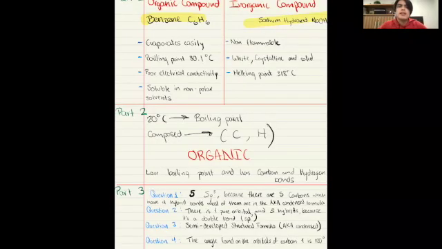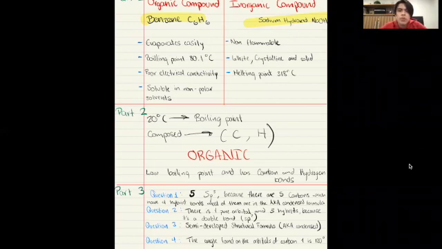Well, in the second part, you needed to decide if the substance was an organic compound or an inorganic compound. It was very easy to recognize. The first thing I did was to check if the substance had carbon and hydrogen, or C and H. If the substance has both elements, a carbon-hydrogen bond, the substance is an organic compound.